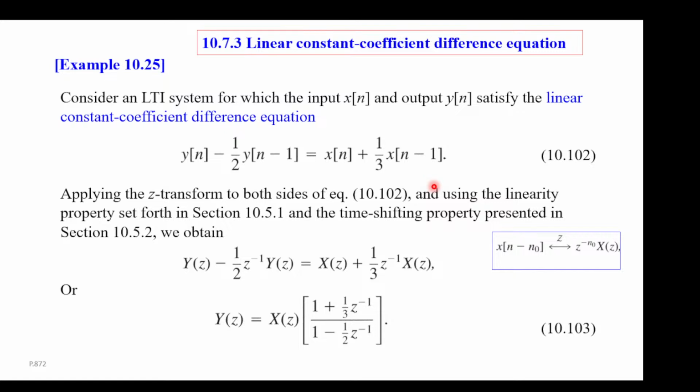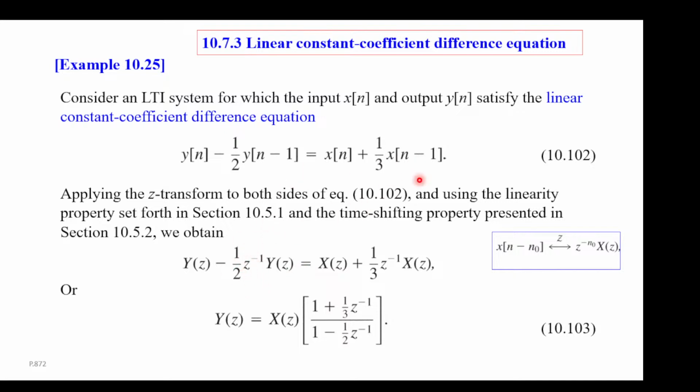Then we try to solve this difference equation, just like we always do, by applying the transform on both sides. Applying the transform on both sides, we can turn this time shift into something nice. So small y becomes big Y, and linearity is linearity, but this minus 1 here, this time shift, just becomes an extra power of z to the minus 1.